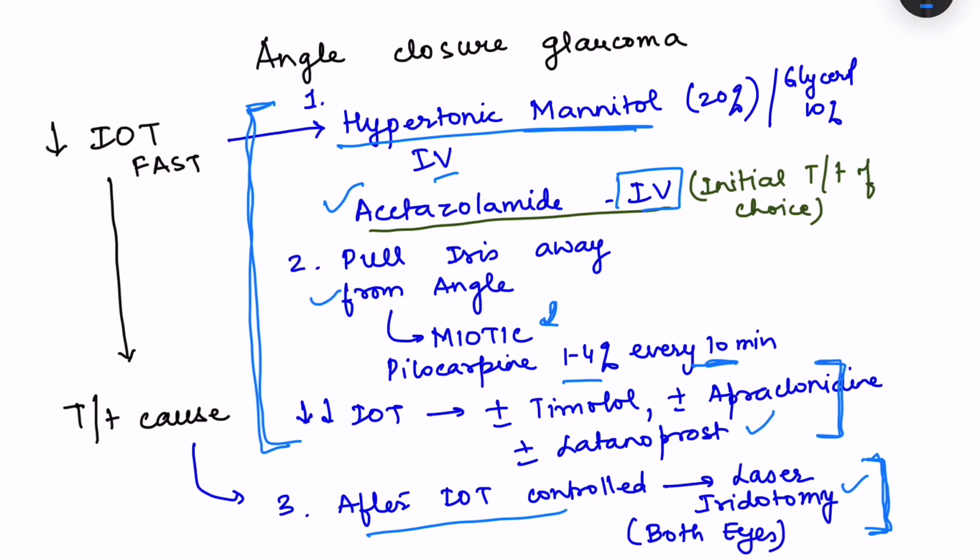Okay. And it has to be performed in both eyes, not in one eye. So even if the attack was there only in one eye, prophylactically the surgery has to be performed in both eyes, because it is very dangerous. If intraocular tension increases, it can reach very high levels and can damage the optic nerve, and this damage is permanent. It is not reversible.